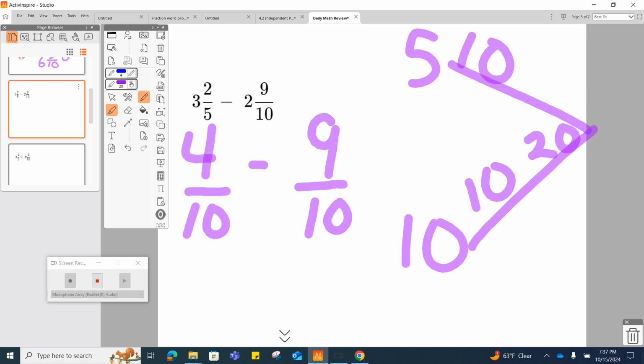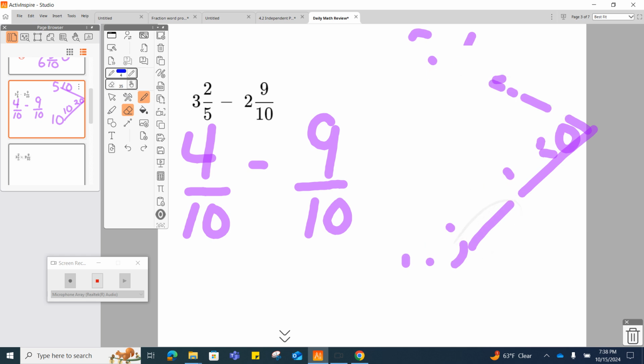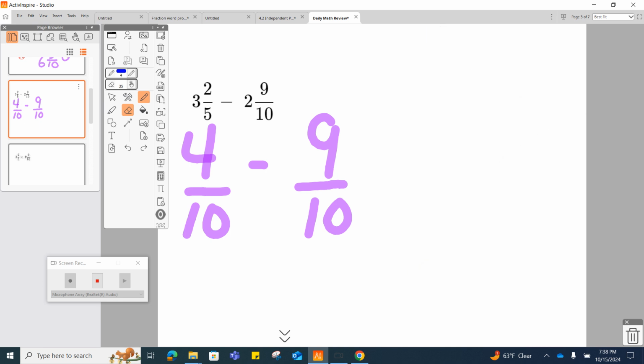So I'm going to clear this a little bit. Okay. And I'm going to go to this 3 2/5, which became 3 4/10.